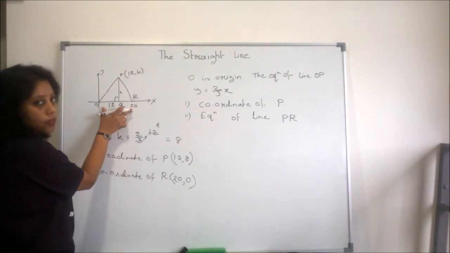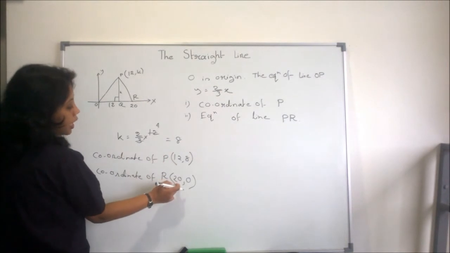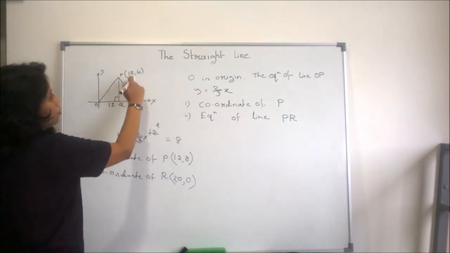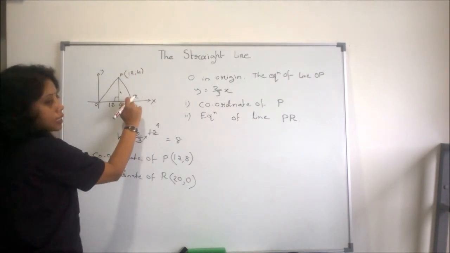This distance is 20 and this is on the line of the x-axis. So this point is (20, 0). So for this line we know this point (12, 8) and this point (20, 0).